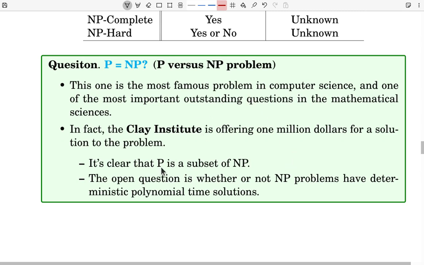Here, clearly, P is a subset of NP. So the real question is whether or not NP problems have polynomial solutions. So once you can solve the problem, then you can get $1 million.